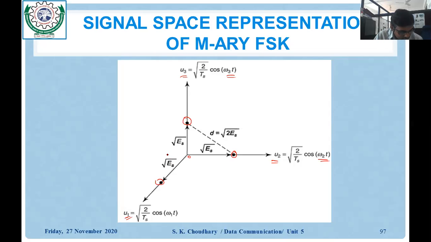So the distance between the 2 signal points can be calculated like this. This dashed line is shown; this is D, the equivalent distance. It can be easily calculated with the help of the Pythagoras theorem. So D is equal to square root of 2ES. This is the Euclidean distance of the signal points in the M-Array FSK modulation.